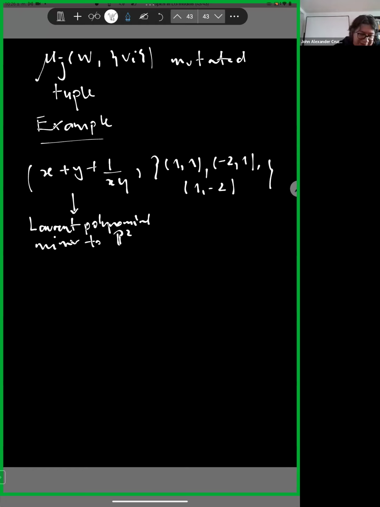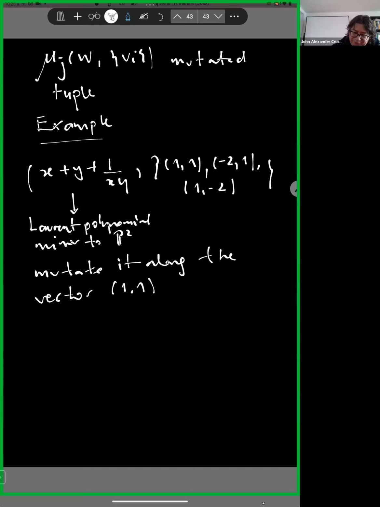So let's just mutate this. This is the Landau-Ginzburg seed. Let's mutate it along one of the vectors, the vector (1, 1), for example.